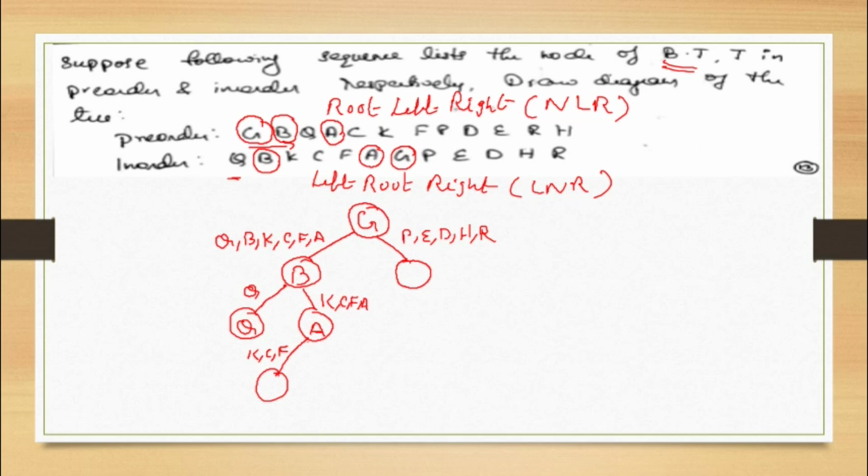We know that C is coming first, so write C here. Now search C in the in-order: K is coming to the left and F is coming to the right, so simply write this.